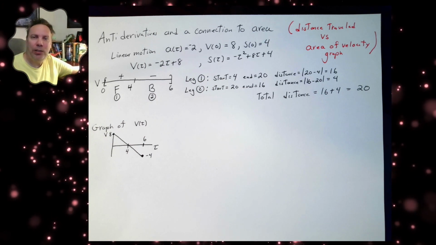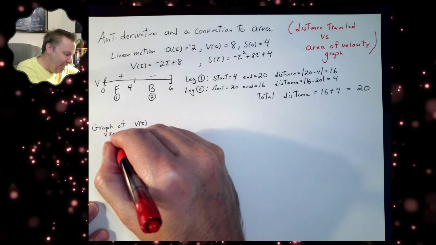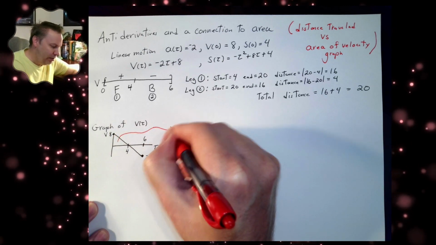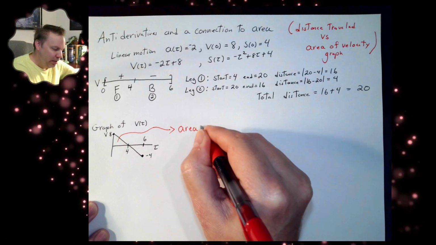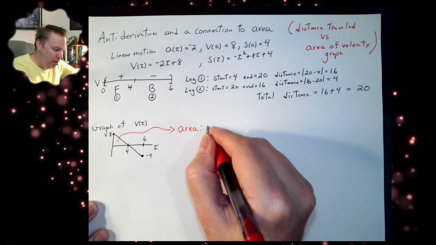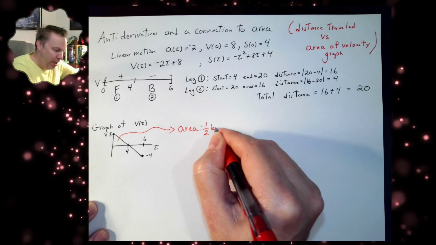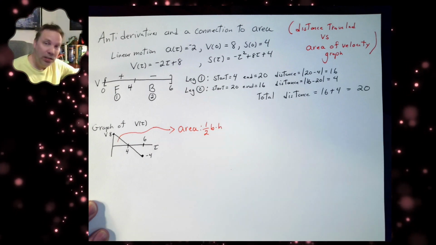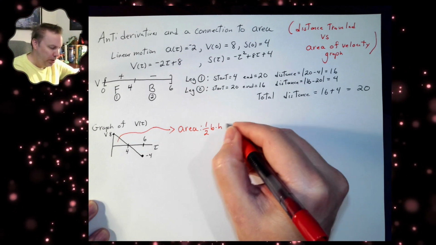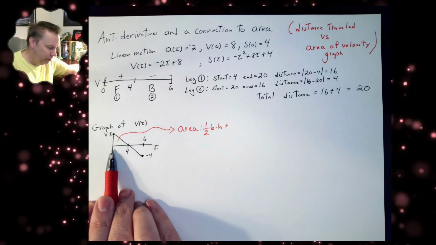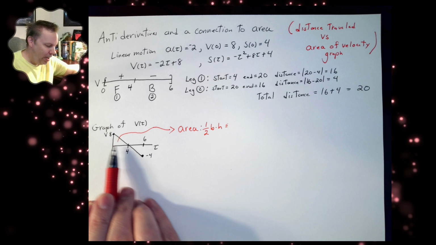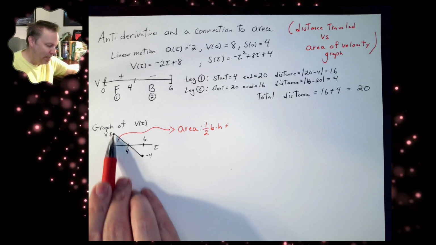Now this is a nice picture to compute area. I have this region right here. What is the area of that region? Well, it's a triangle, so it's 1/2 base times height. Let's go to the triangle to figure out some numbers. My base is 4, and my height is 8.